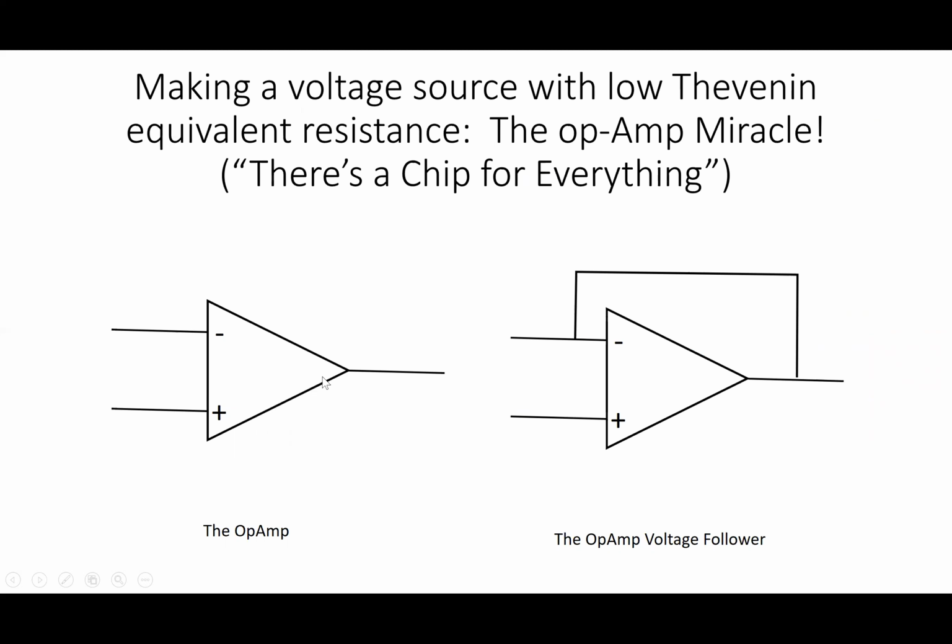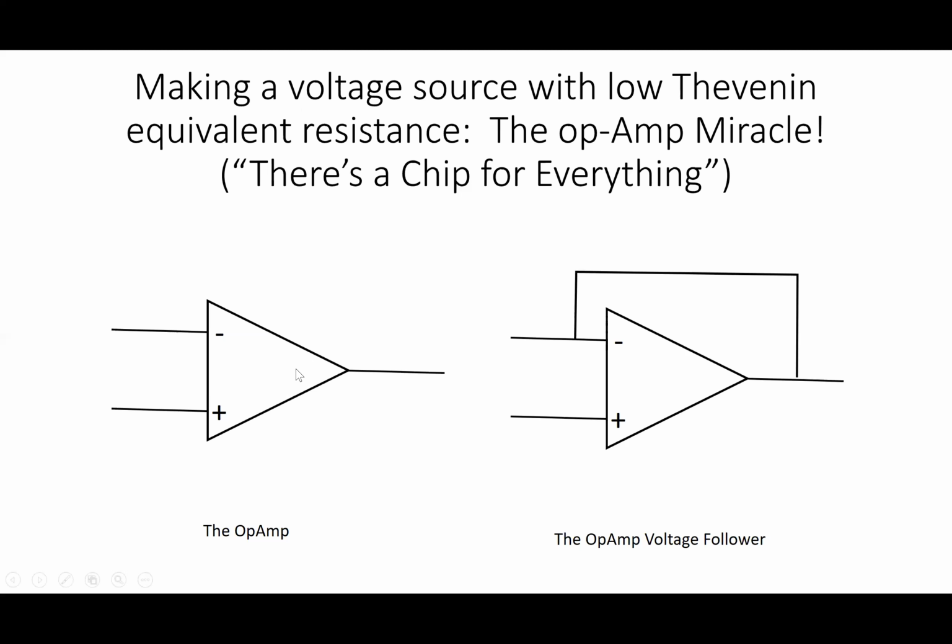Conversely, the output can drive some quite heavy currents, and the data sheet will tell you how much current and what the equivalent Thevenin resistance is of this output. Now, the second thing you need to know is that the gain of this circuit, differential gain, so for a voltage that's the difference between these two pins, is essentially infinity, and we'll quantify that in just a minute.